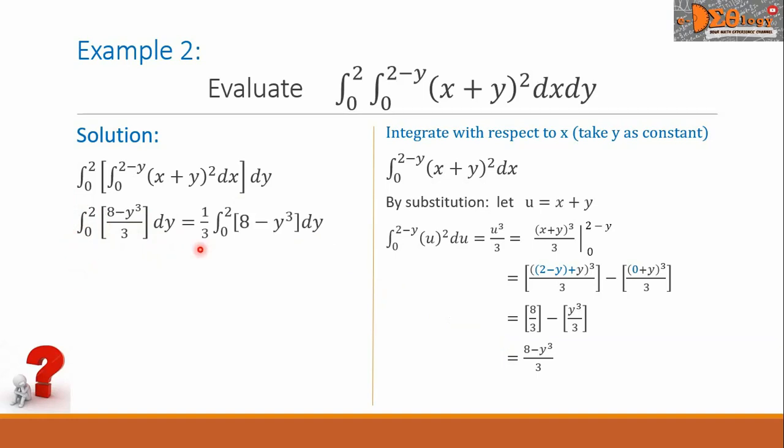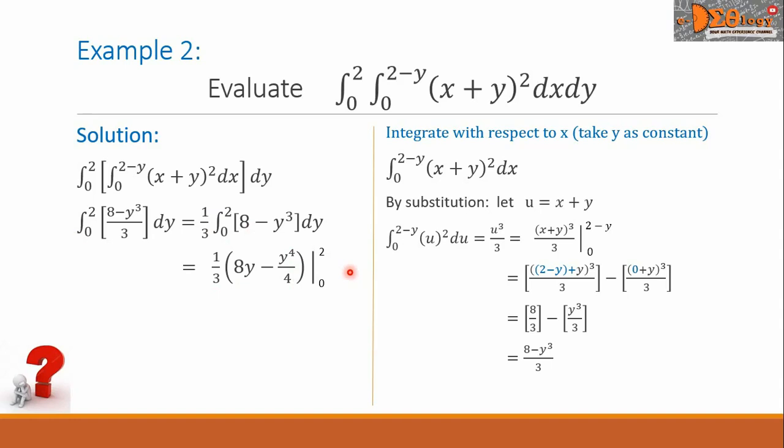So we have now like this. Then let us proceed with the integration. This constant 1/3 we will copy. Integral of 8 is 8y minus integral of y cubed is y to the power 4 all over 4. Then let us evaluate this from 0 to 2.